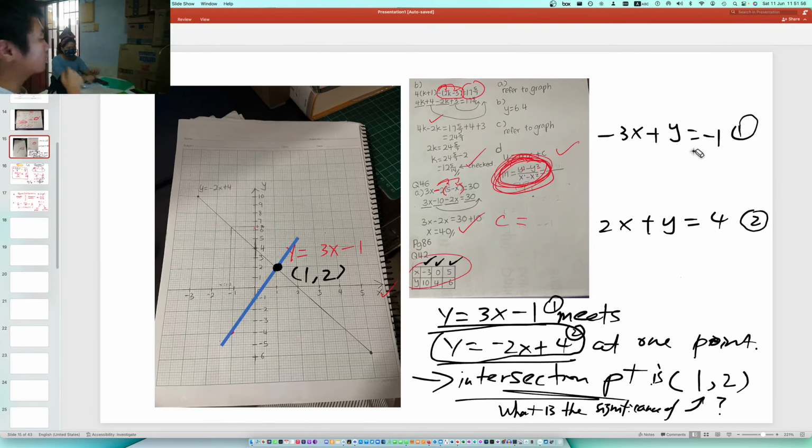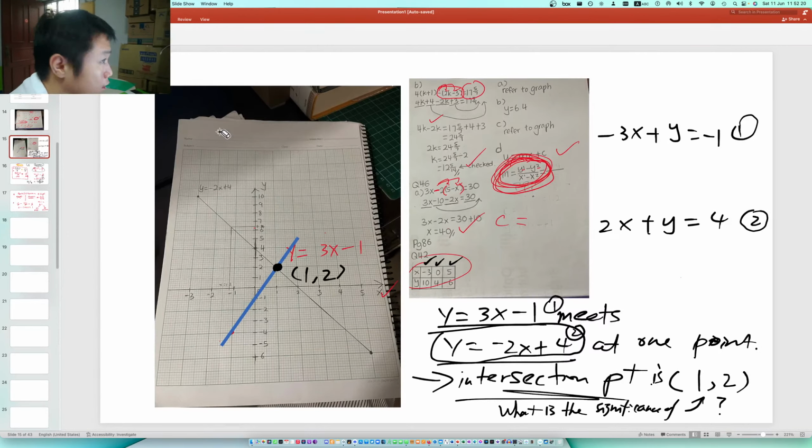Can you solve this using your calculator? X is 1 and y is 2. Okay, very good. Your calculator gives you x equals 1, y equals 2, right? This is by calculator.